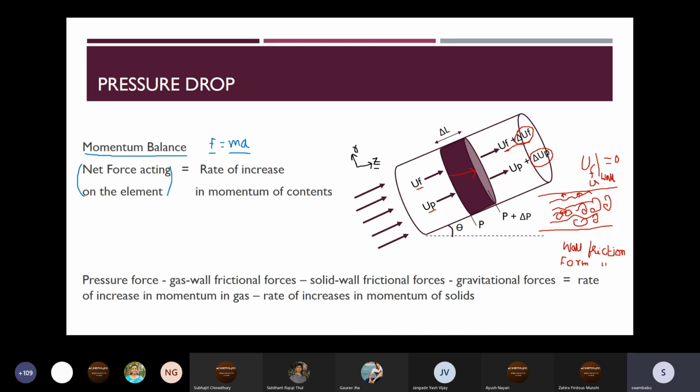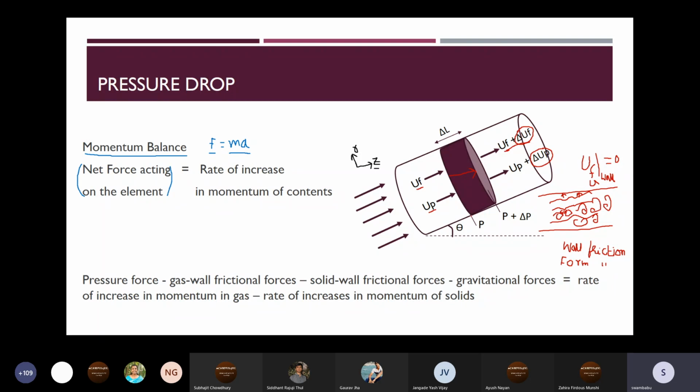That energy loss results in the pressure losses.